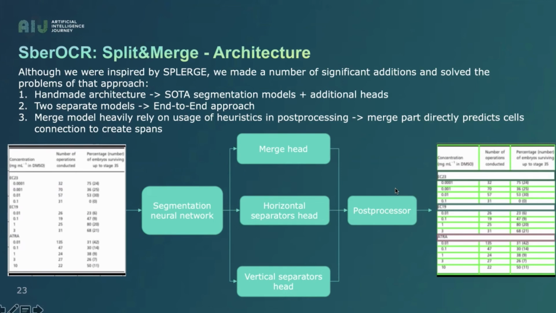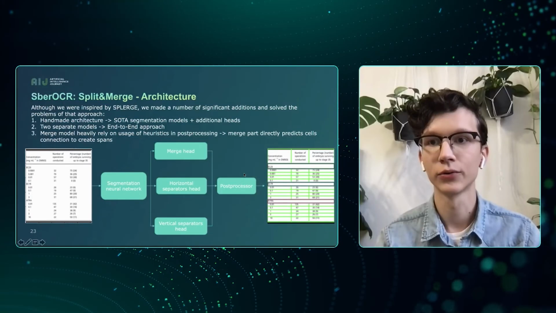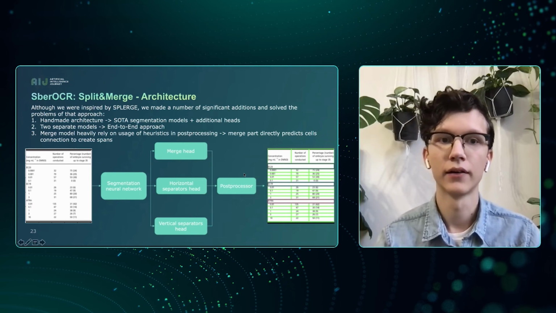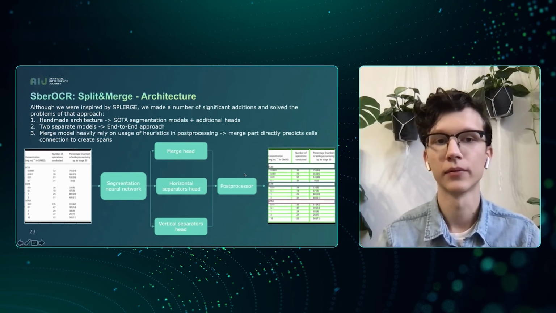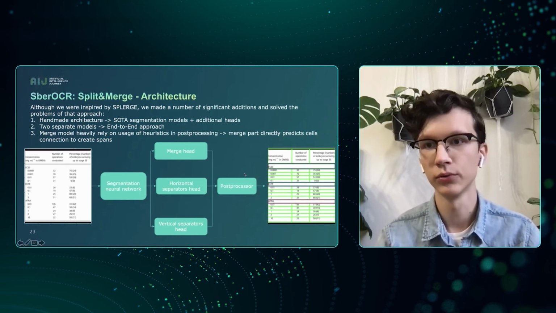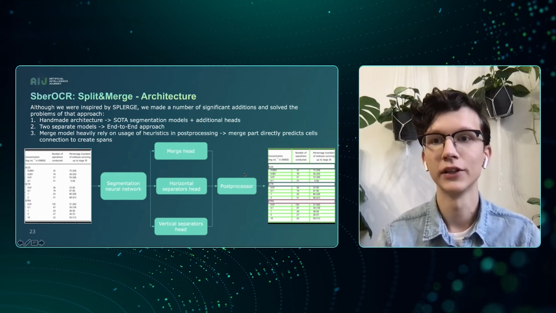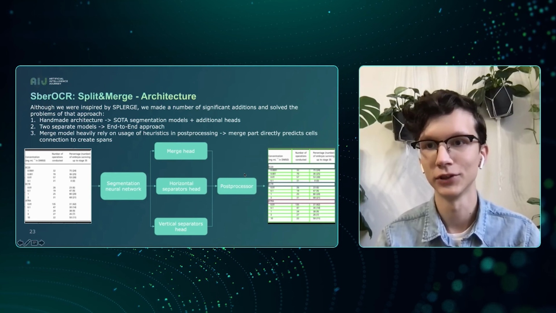First of all, we use SOTA solutions for segmentation instead of the original architecture. Instead of two models, we use one, resulting in an end-to-end solution. Instead of heuristics in the merge part, we predict connections between cells right away.